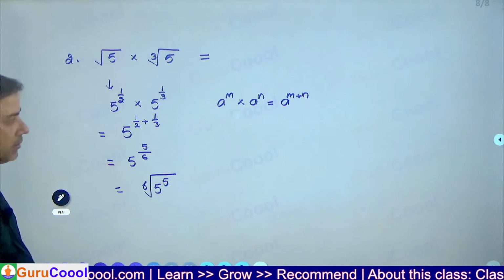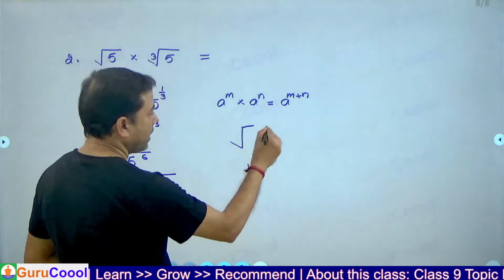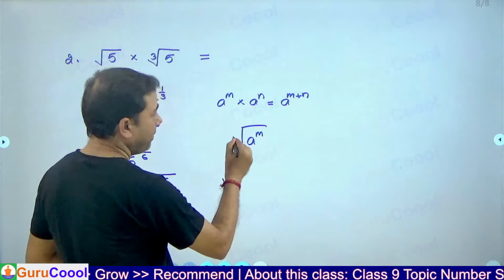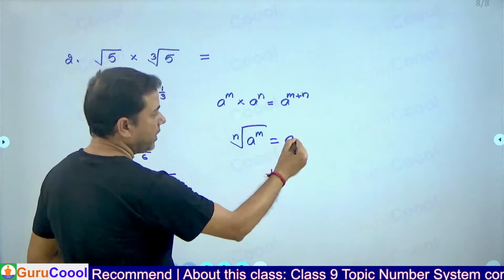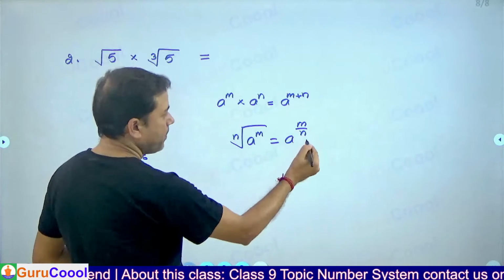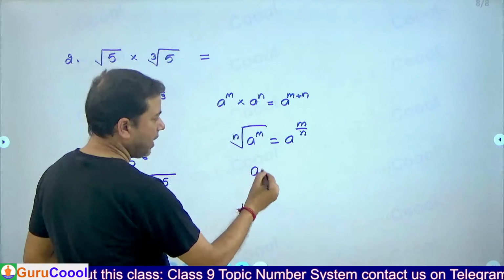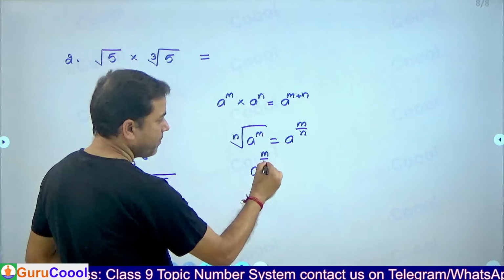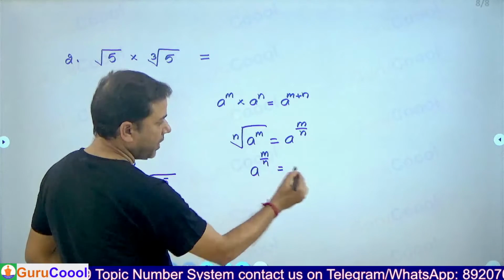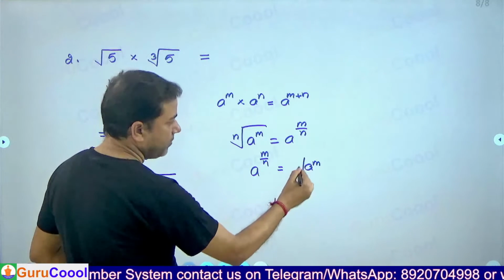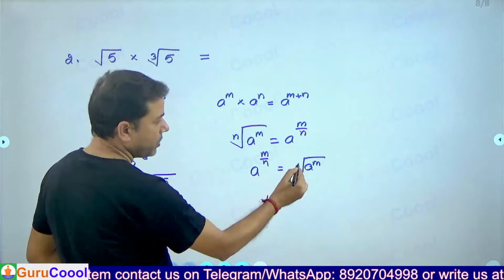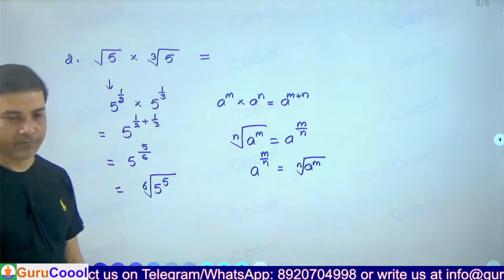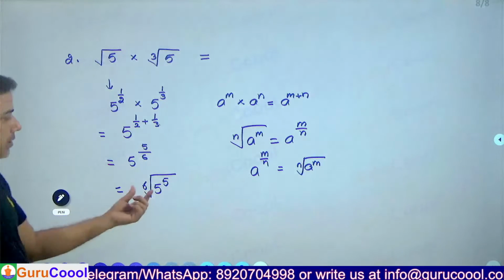If you have root sign a raised to the power m and n is here, you write it a raised to the power m by n. So you can do this in reverse as well: a raised to the power m by n, you can take a raised to the power m inside the root sign and n goes outside. So I did this. This is the answer.